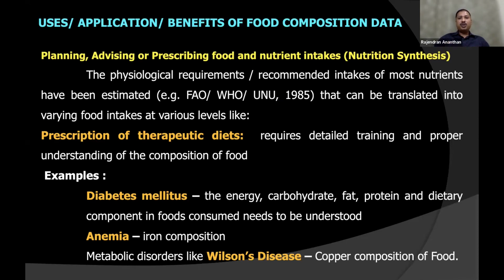Similarly, for anemia we should understand the iron content of all the foods, and likewise for renal or nephrological problems, as Dr. Anita mentioned, phosphorus and potassium. Understanding phosphorus and potassium is very, very important.